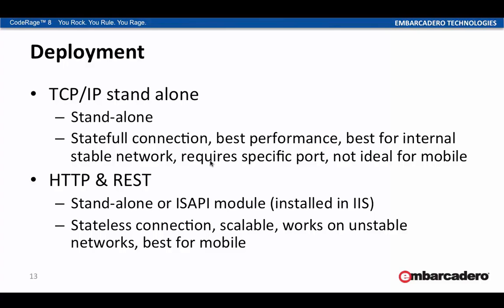It works better on unstable networks, tends to be the best solution for mobile, uses generally port 80 or a port that's open for HTTP, and can be deployed both standalone or through an ISAPI module. So there isn't really a preferred way in absolute terms, but I generally recommend HTTP and REST for mobile or multi-device and TCP/IP for local Windows and Mac networks.